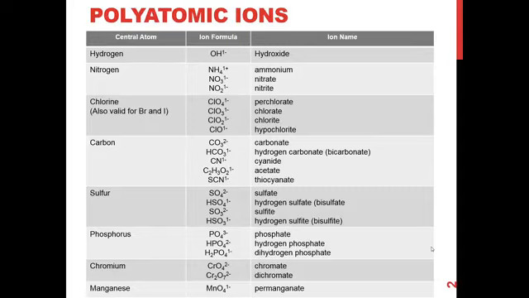In the case of ClO4 1-, a compound with 1 more oxygen than chlorate, we add the prefix per. So ClO4 1- is perchlorate. In the case of ClO 1-, which has 1 less oxygen than chlorite, which is ClO2 1-, we add the prefix hypo. So ClO 1- is hypochlorite.